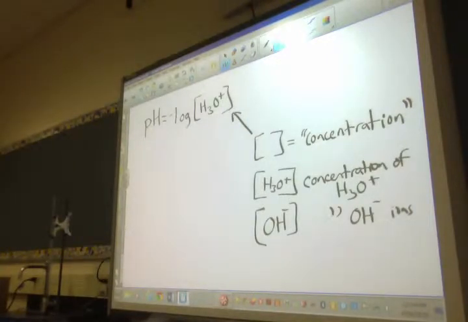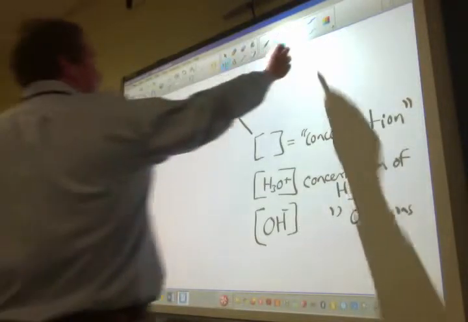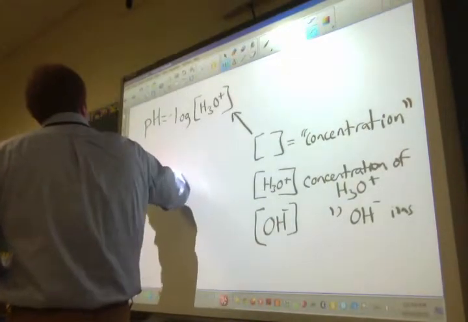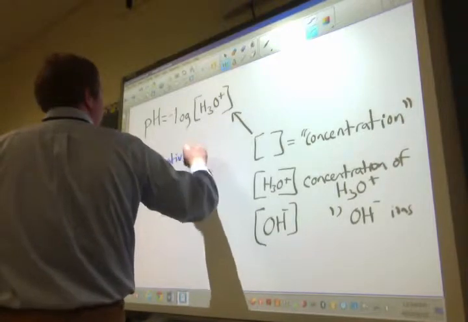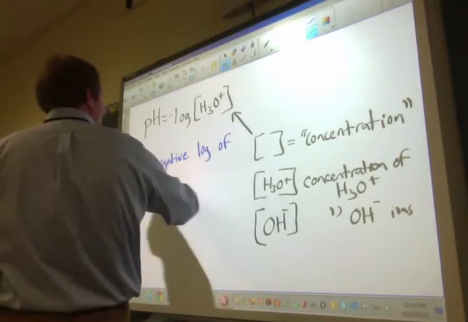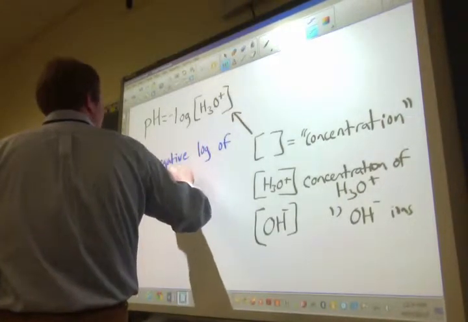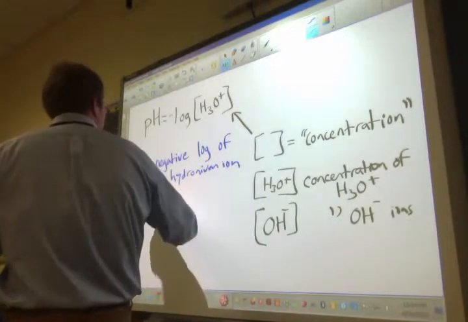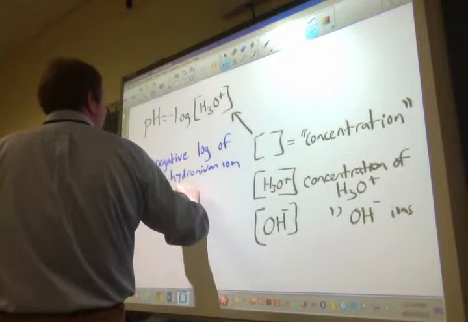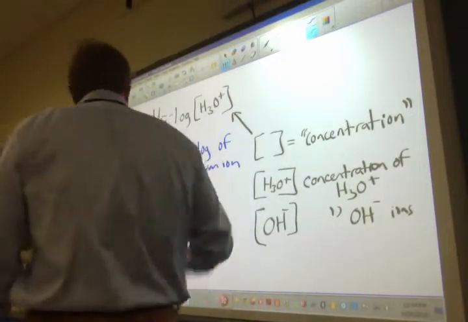Okay, so the negative log of the hydronium ion concentration. Let me write that out in words just so we're all very clear about this. pH equals negative log of the hydronium ion concentration.